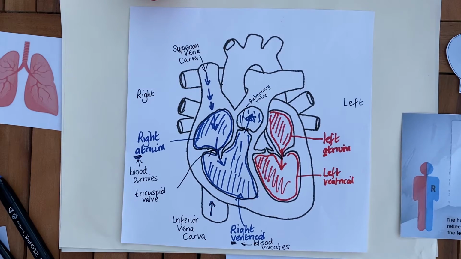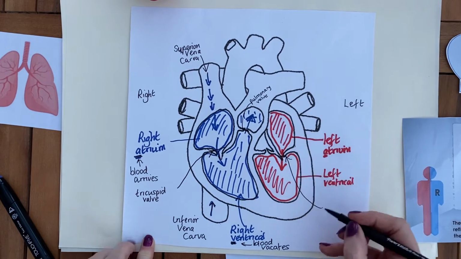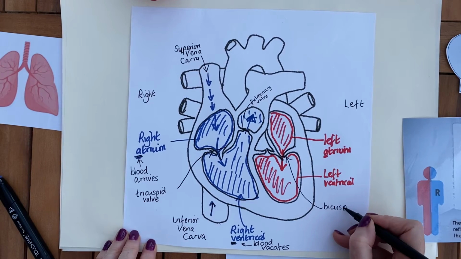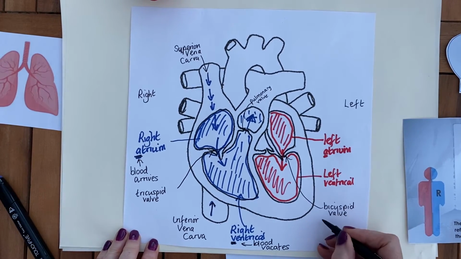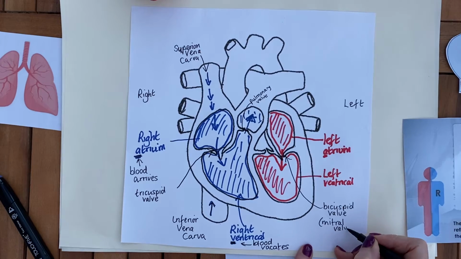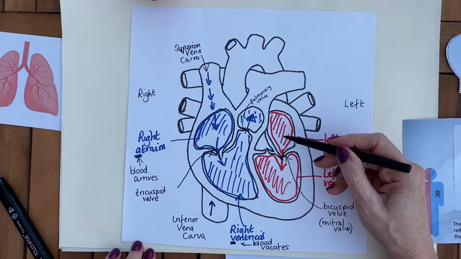The gate shut. This gate is called, I'll put it back down here, the bicuspid valve. I will put in brackets, it is also called the mitral valve, and it shuts to stop that backflow.